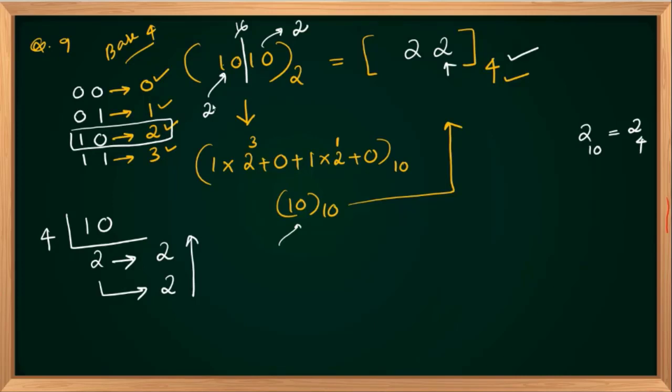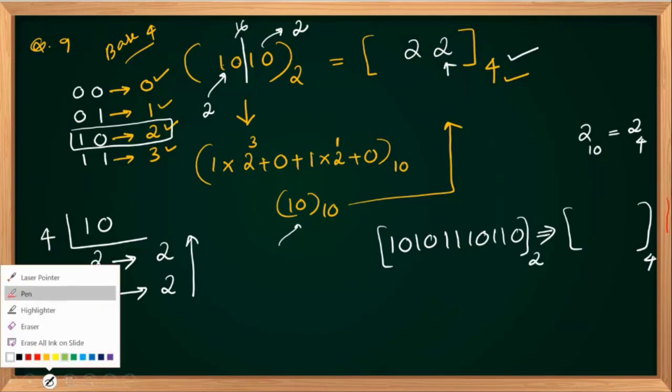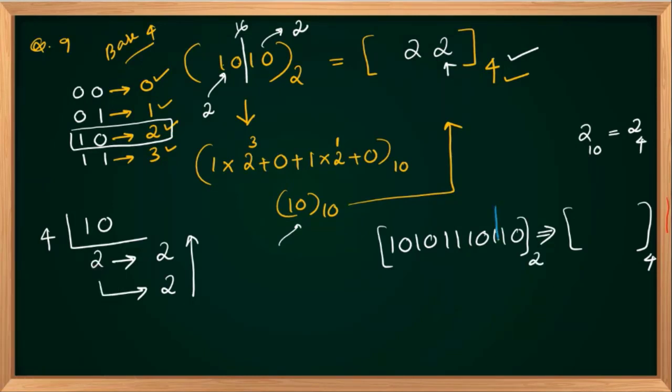That will be helpful if you're having a larger number like this. This is in binary, right? Then you can easily group it from the right side. This one, another one, another one, another one, another one.